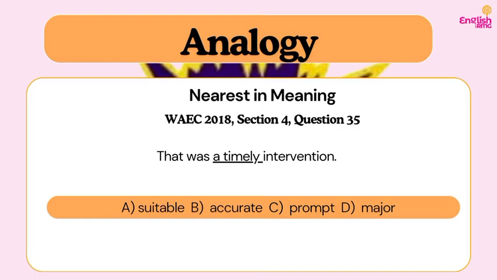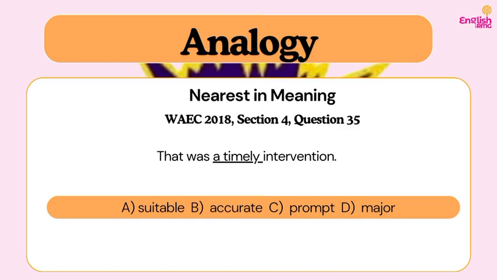So when something is suitable, it does not mean that it is timely. Accurate is close, but if we say that was an accurate intervention, it does not mean that it is timely. We are just saying that it probably fit, do you understand, into whatever situation was at hand. We are not saying that it happened at the right time. When we say something is timely, we are saying it happened at the right time.